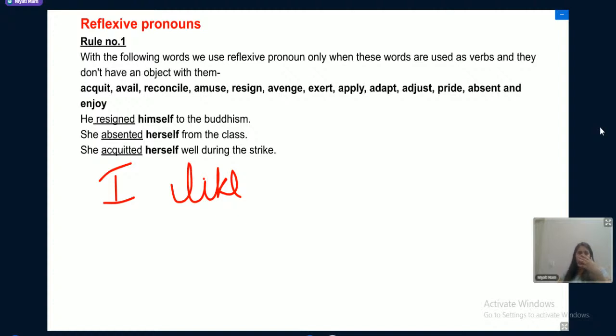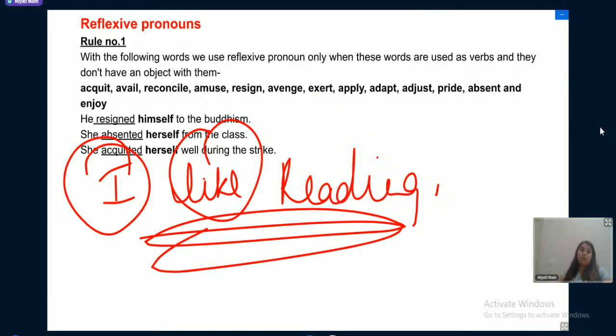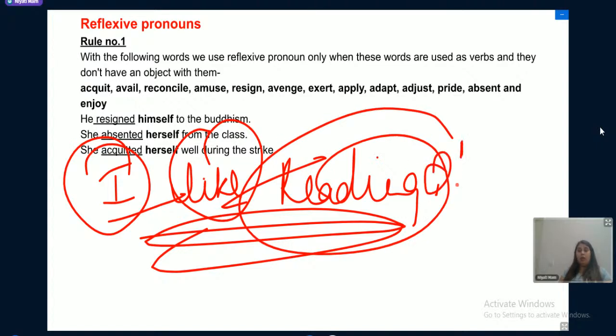The definition of a sentence is that a group of words that can give us a complete meaning is known as a sentence. I like is an incomplete sentence, but if I say I like reading, I is the subject, like is the verb, reading is the object here.